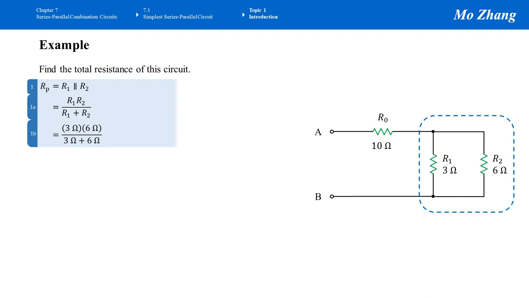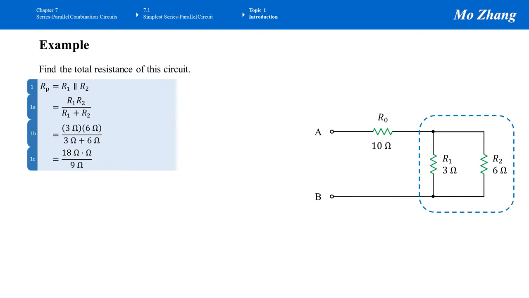R1 is 3 ohm and R2 equals to 6 ohm, divided by R1 plus R2, that is 3 ohm plus 6 ohm. 3 times 6 equals to 18, and for the denominator, 3 plus 6 equals to 9. 18 ohm times ohm divided by 9 ohm.